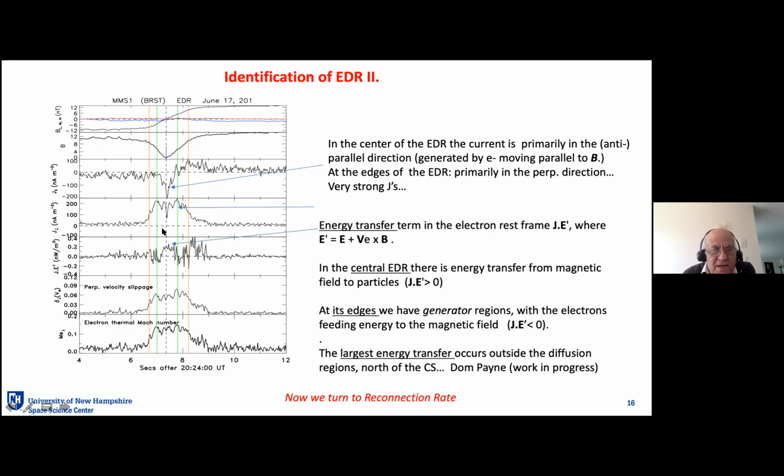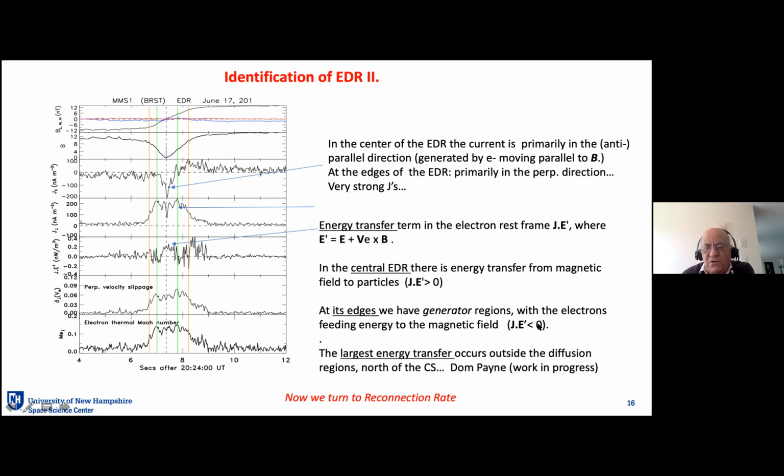Now, in the EDR, you find this thing is positive, which means that there is energy going from the electromagnetic fields to the particles. This is one signature of the EDR, by the way. At its edges, however, you will see here that this quantity becomes negative, which means you have generator regions here with J.E' less than 0.